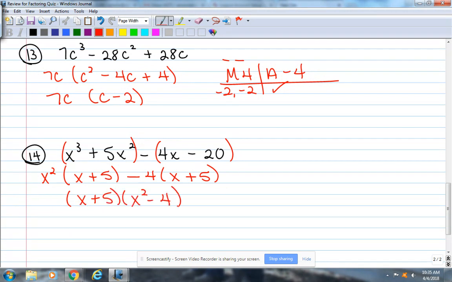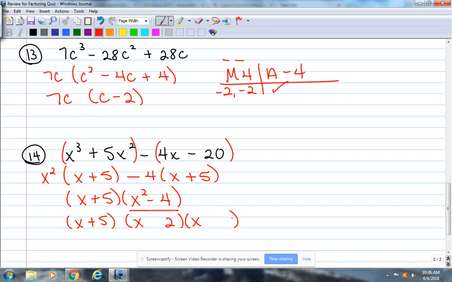So am I done factoring this one? No. Why am I not finished? Because x squared minus 4 is a difference of squares. So you keep the x plus 5. You don't change it. And you're going to turn this one into a difference of squares. So what multiplies times itself to get x squared? Put it in the front. What multiplies times itself to get 4?